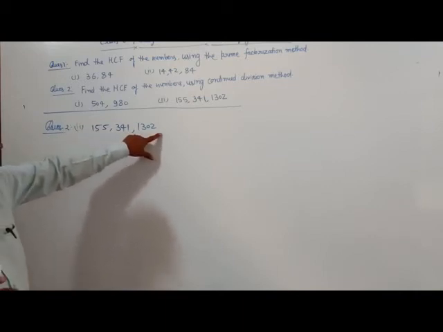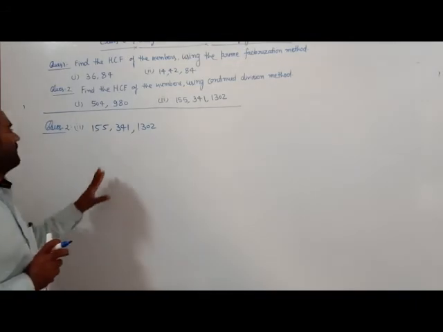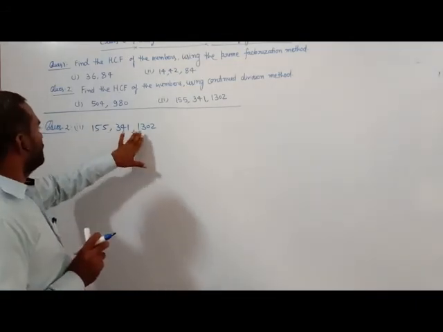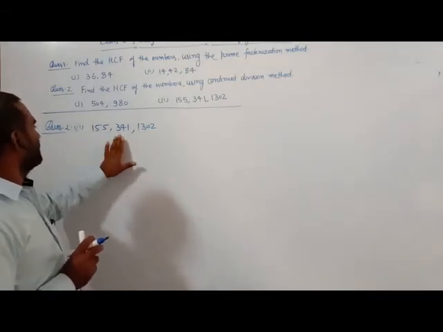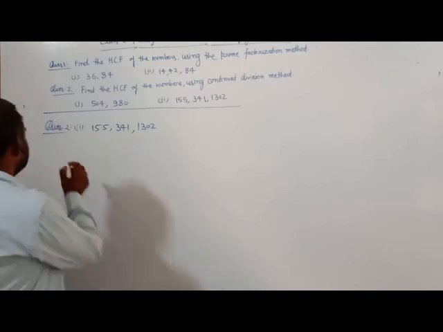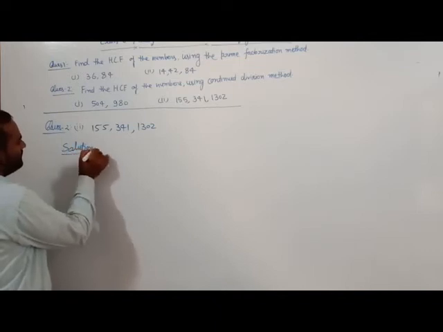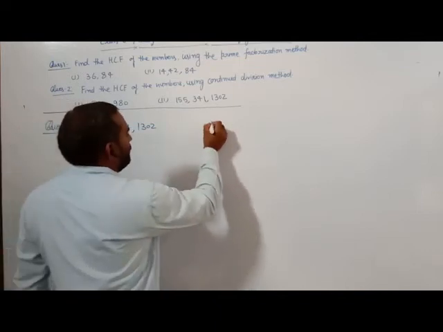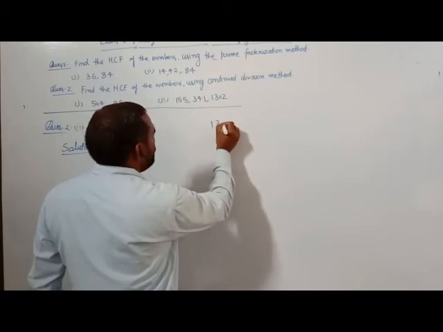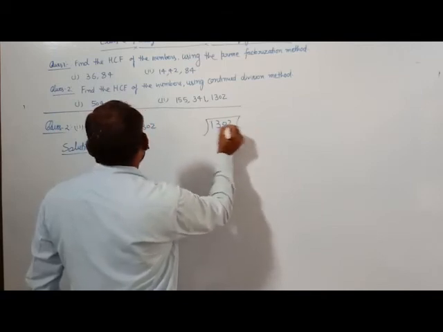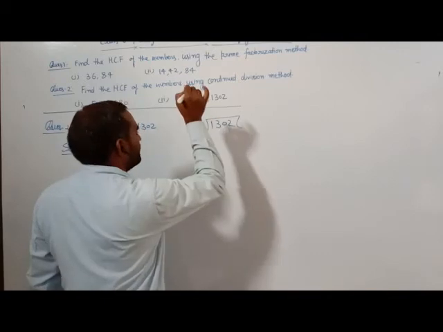Here this is the smaller number and this is the greater number. So first of all we have to divide 1302 by 341.